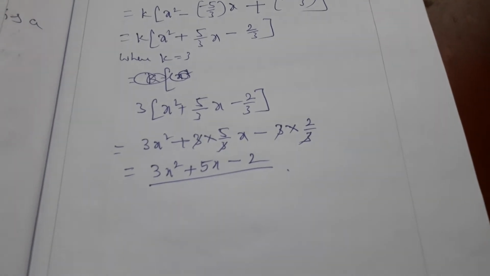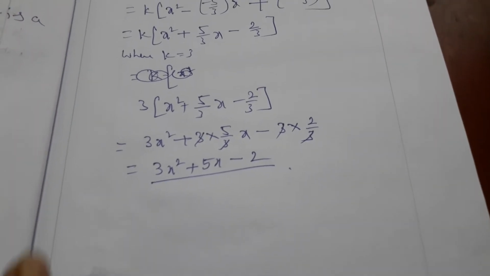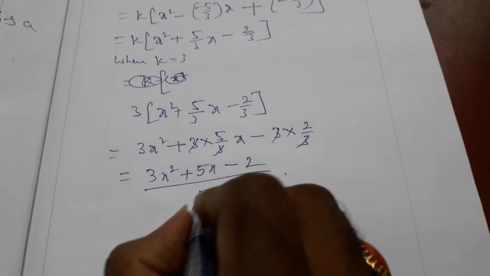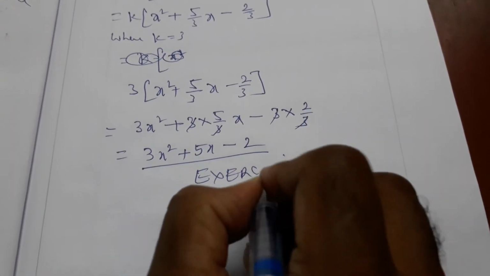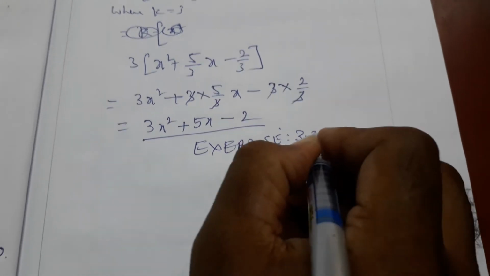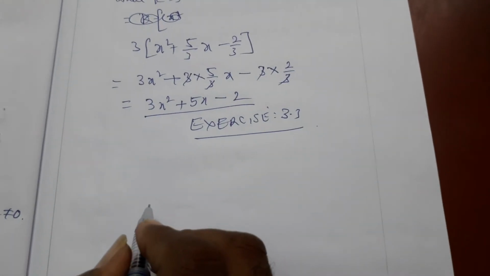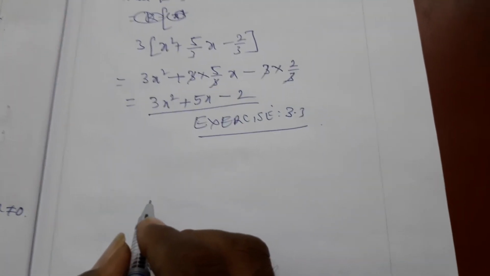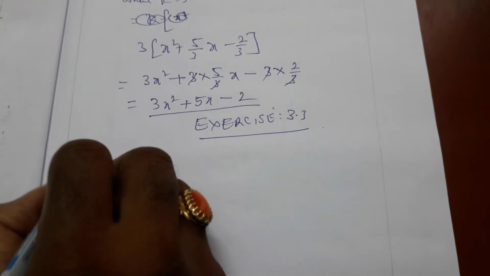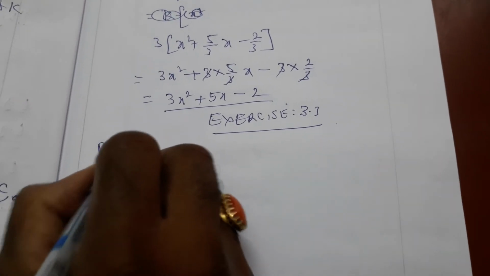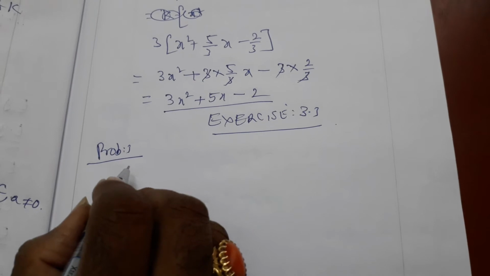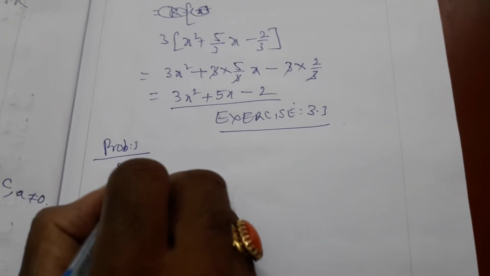Now we move to exercise problems. Exercise 3.3. In this exercise 3.3, under problem 3, we now solve Roman 1.